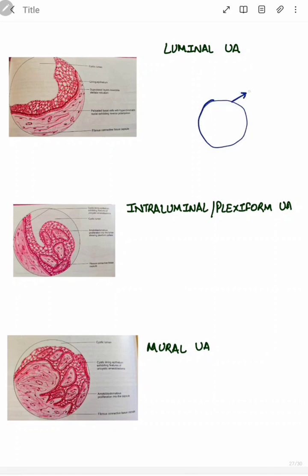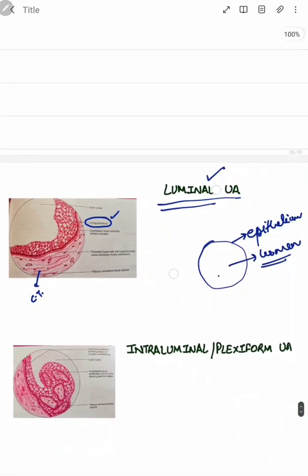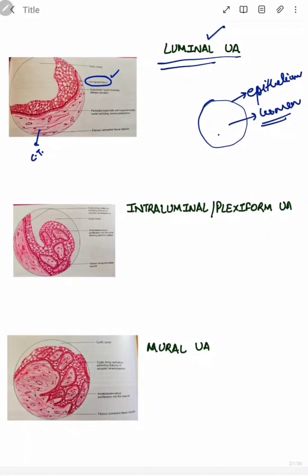Normally in a cyst there is outermost epithelium that is lining the central cavity, and the central cavity is basically known as lumen. So in luminal type, the ameloblastomatous changes, the tumorous changes, are confined to the lining epithelium. Here you can see the lining epithelium showing some ameloblastomatous changes. The connective tissue or the stroma is normal in this case. This is luminal unicystic ameloblastoma.